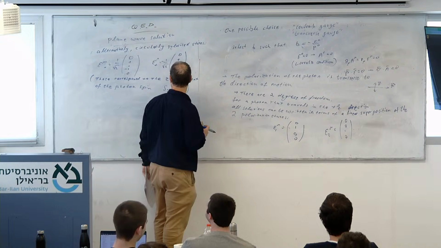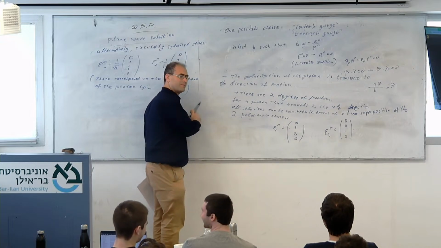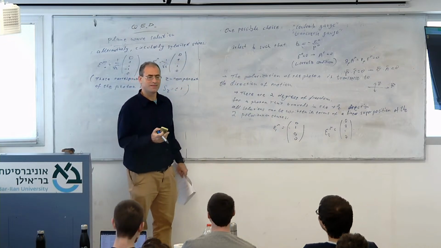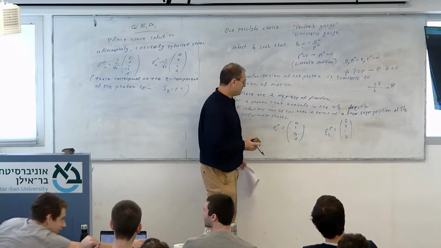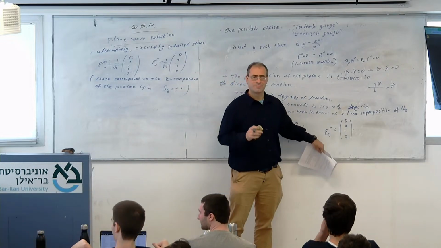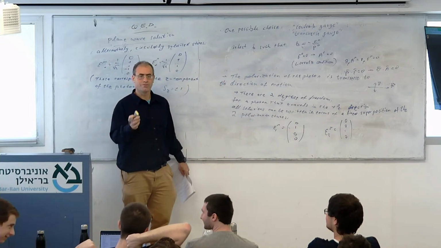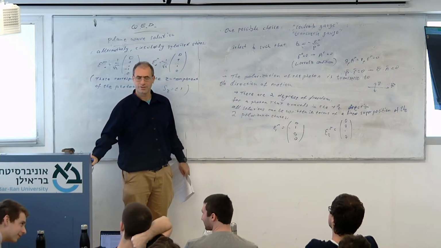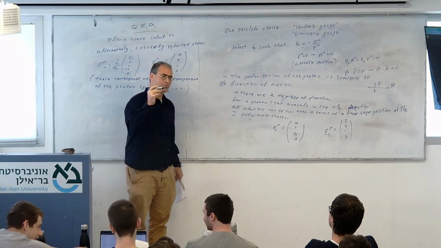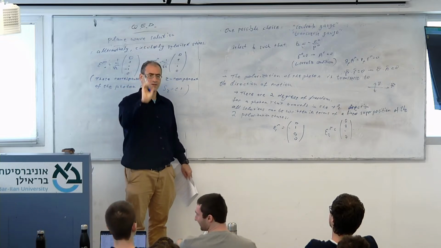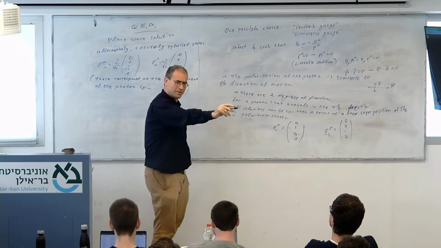I mentioned that this corresponds to the photon spin. Let me explain it. This is not a trivial statement. We have 2 degrees of freedom, basically corresponding to polarized photons. One is polarized in that direction, one is polarized in that direction, and both are moving in that direction.